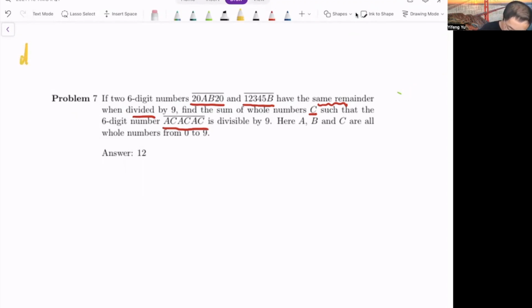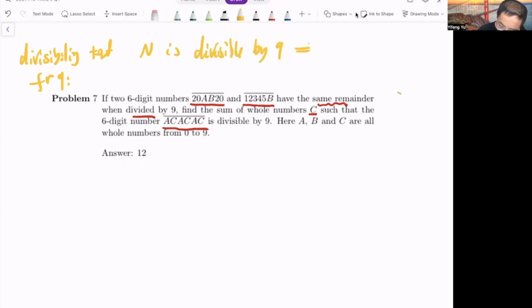Let's recall: a number n is divisible by 9 if and only if the sum of its digits is divisible by 9.